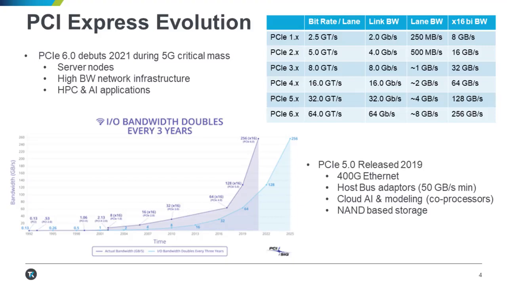We're seeing PCI Express utilized, not just with the main CEM connector form factor that we've seen such a proliferation of, but also seeing other form factors: M.2, U.2, U.3, OCP NIC 3.0.